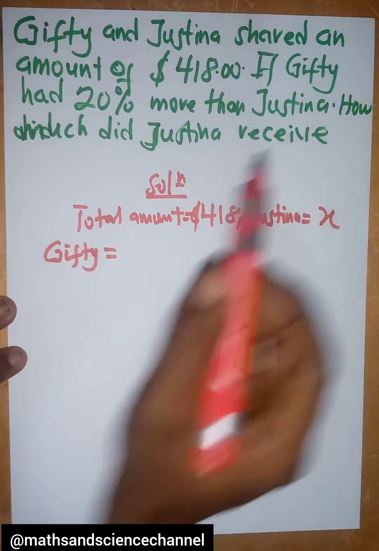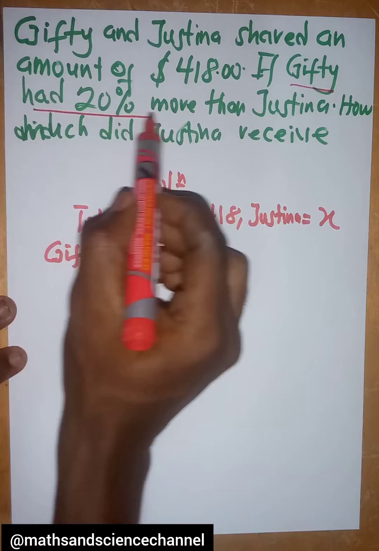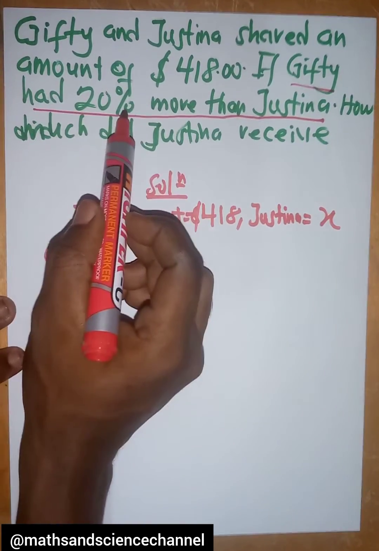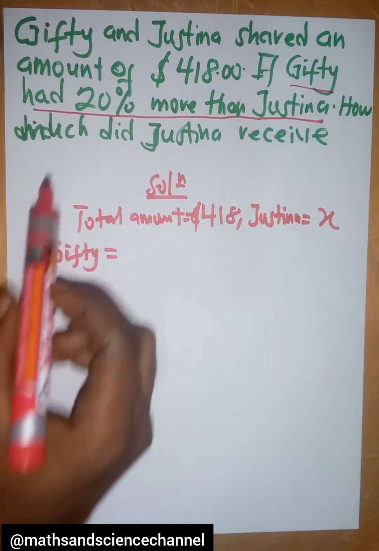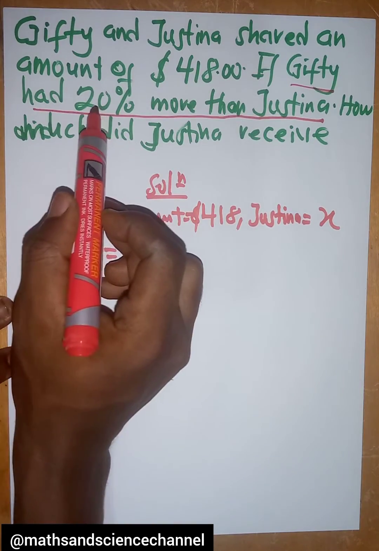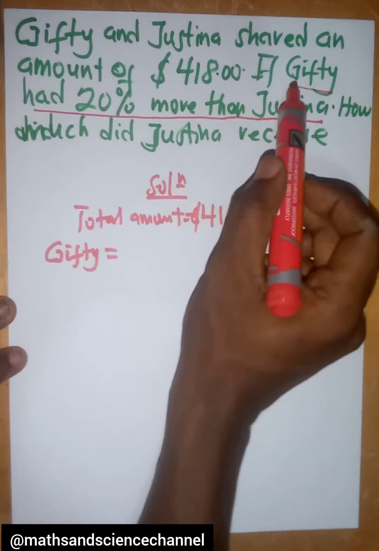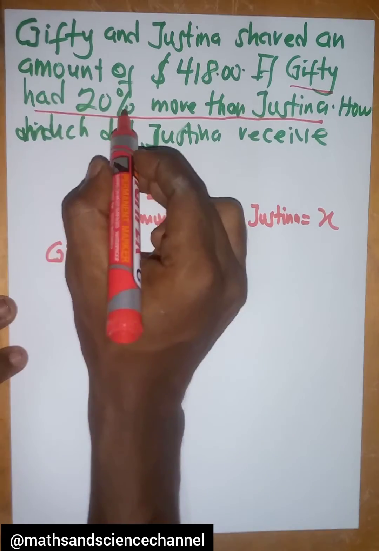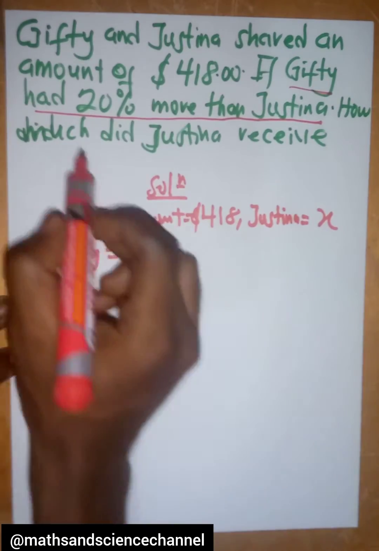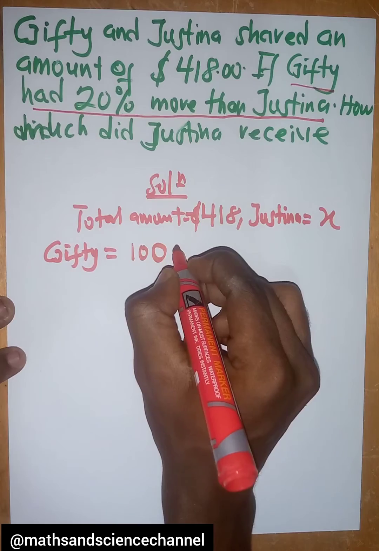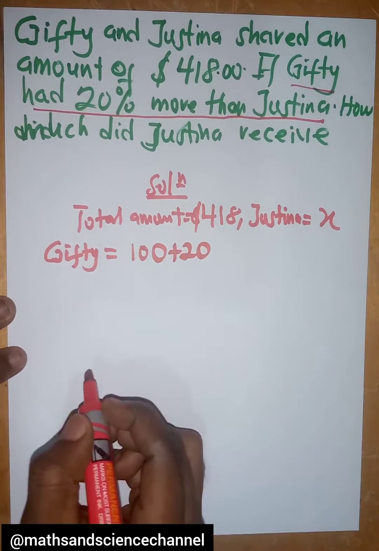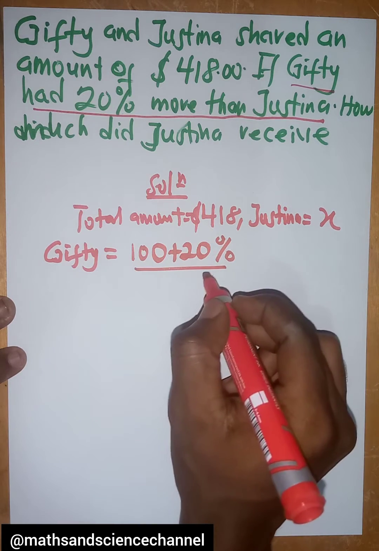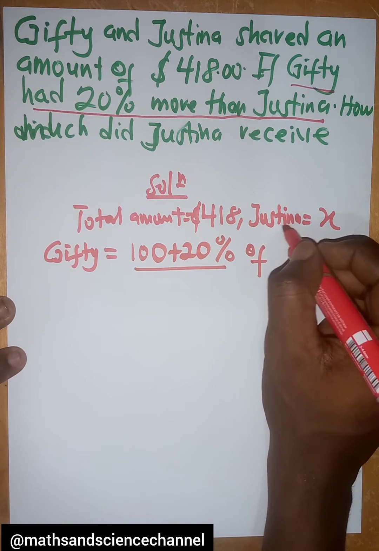Now look at this. It says that Gifty had 20% more than Justina. So if the percentage is 100, Gifty is added 20 more to the percentage of Justina.